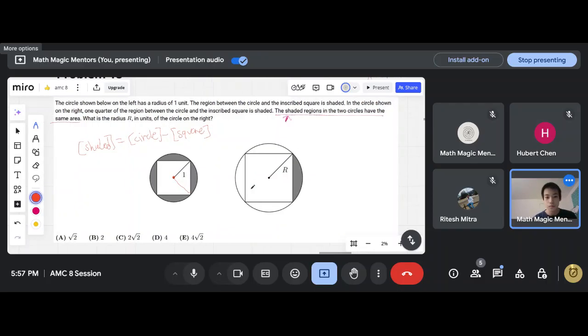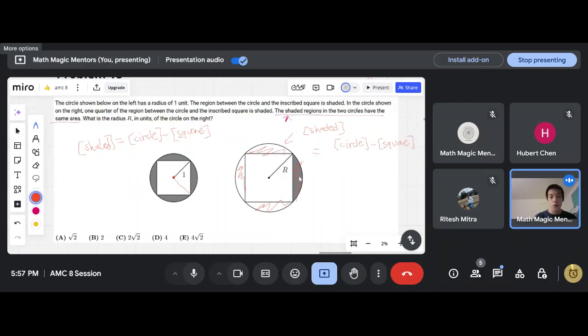Now what about this one? We can do almost the same thing. The shaded region is the area of the circle minus the area of the square, and after doing that you get this part.